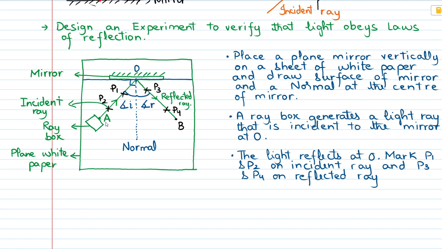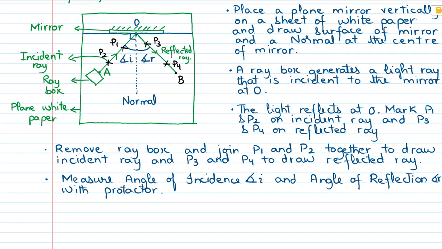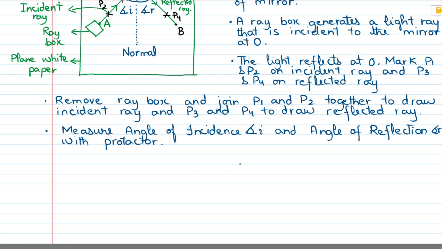Now we will remove the ray box, and once the ray box is removed, we will join P1 and P2 together to draw the incident ray, and we will join P3 and P4 together to draw the reflected ray. Measure the angle of incidence and the angle of reflection with the help of a protractor, and we will observe that it obeys the law of reflection because the angle of incidence will always be equal to the angle of reflection.